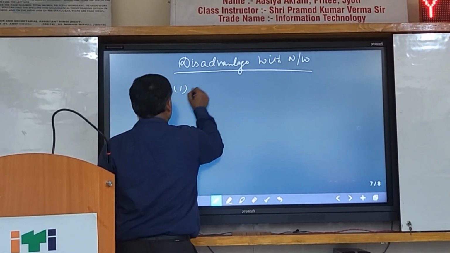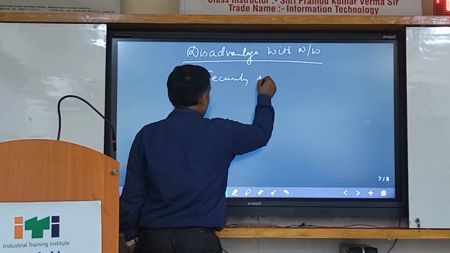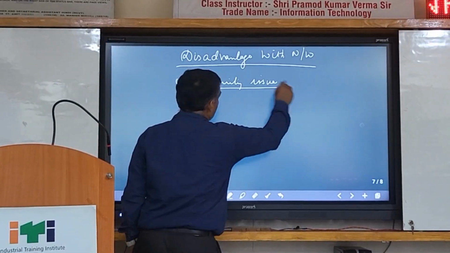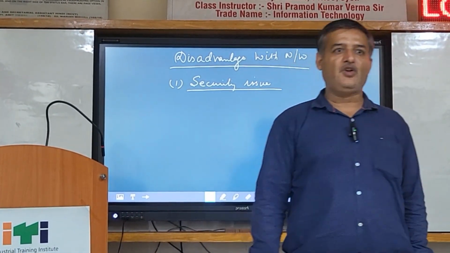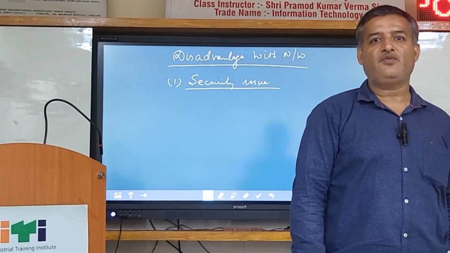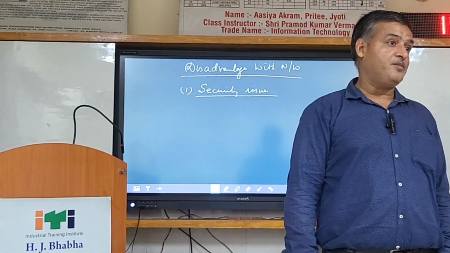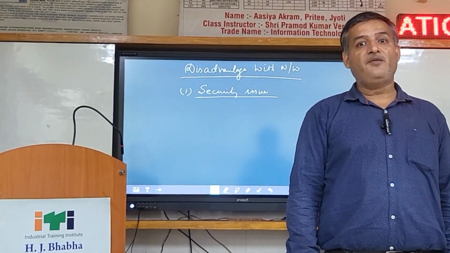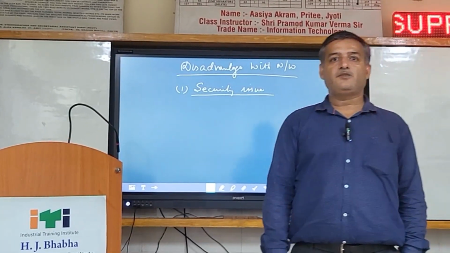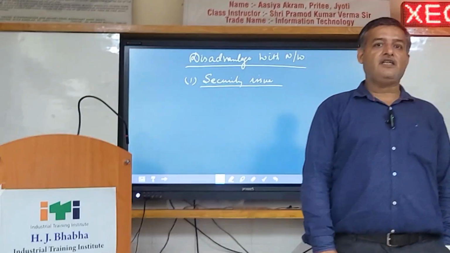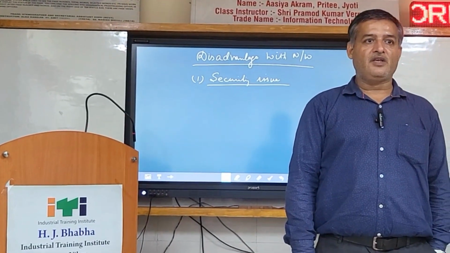First of all, security issue. Don't you think that over a network, the security of your data, your personal things or files may be compromised? There is a big possibility that if you are not conscious about it, the data can be compromised in the computer network.